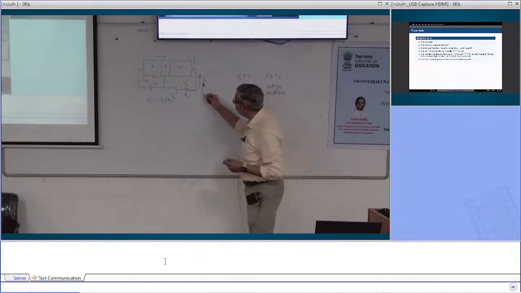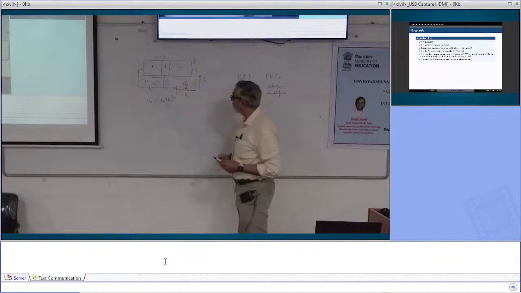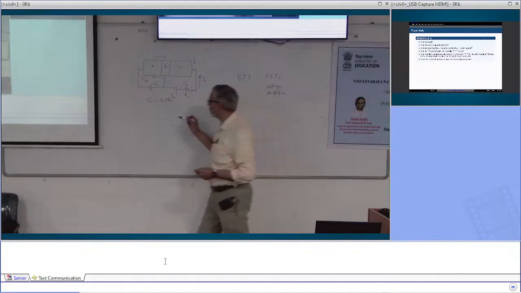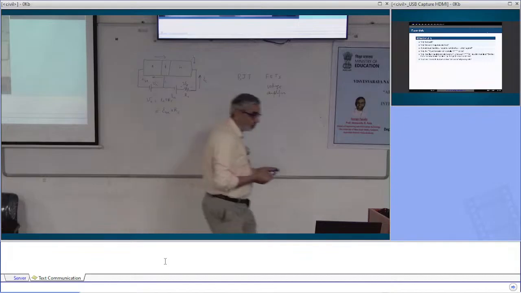So this current, how do you get that current? What is the relation between this current and that current? What is this equal to? IBE. One minute.